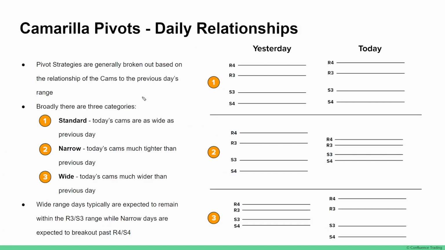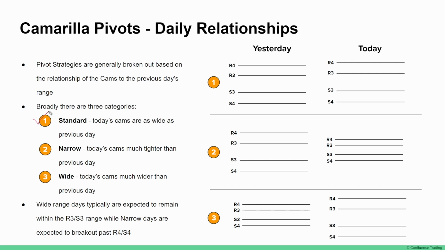Before we get into the basic pivot point strategies, I want to discuss the daily relationships between Camarilla pivot points. The reason for this is that when you play different strategies, they tend to work better on different types of days. Essentially you have 3 types of days that we'll focus on in relation to the previous day's cams.